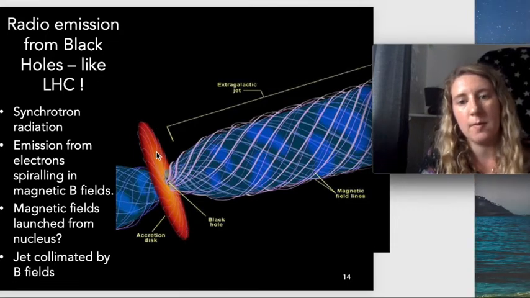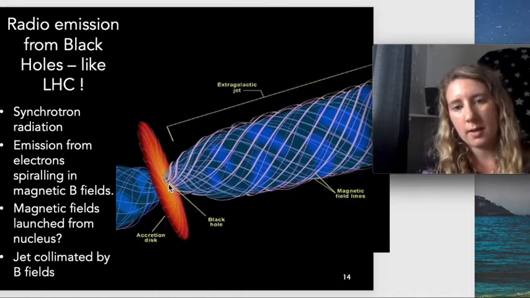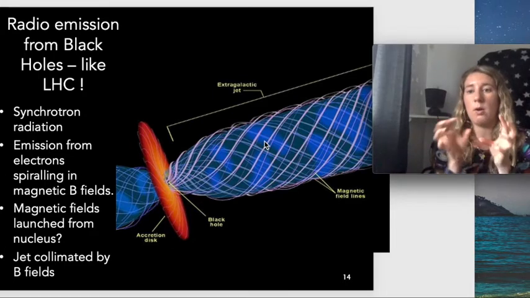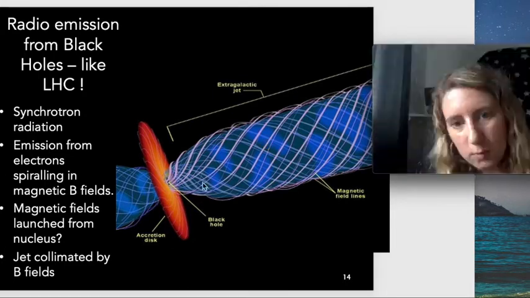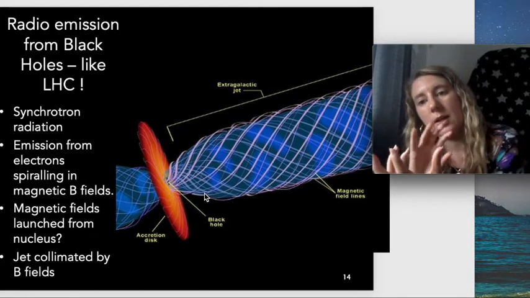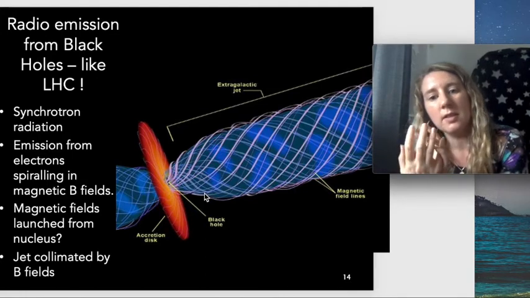Okay, so this is a diagram of what we think it looks like. Again, this is an artist's impression, but if you have the supermassive black hole here, then you have these magnetic fields, or B fields, which are not just going straight up, they're spiraling, twisting as the black hole is actually spinning as well. So quite complicated, and it's actually like a toroidal field.